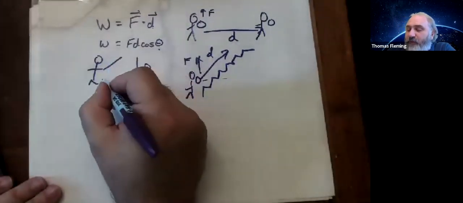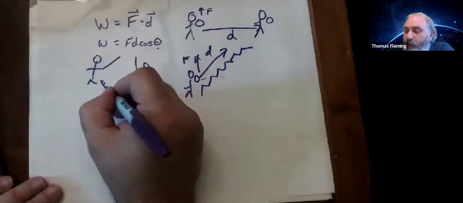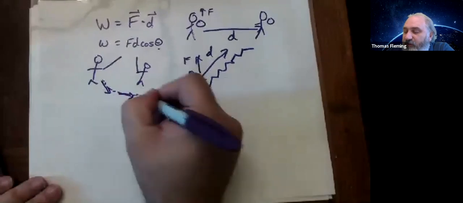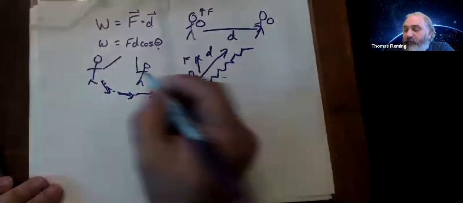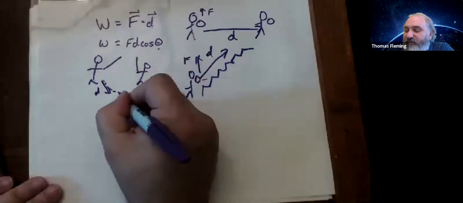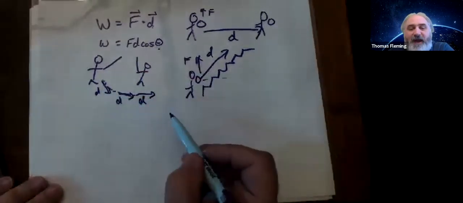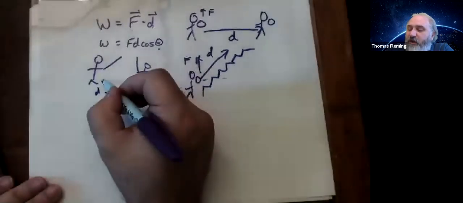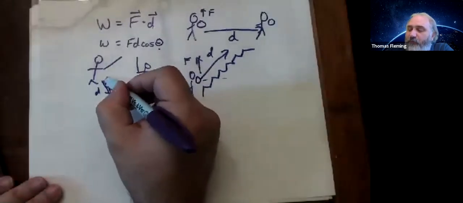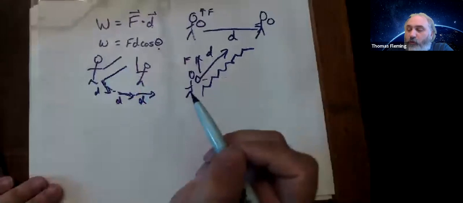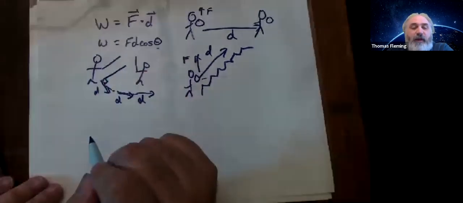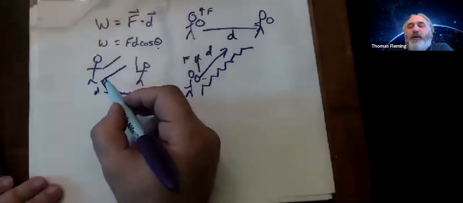Because he's traveling with a velocity that is always perpendicular at all points to that little dotted line, right? So I can think about D having different distances or different directions along the path. But when Spidey is here, he's traveling this direction, the web is pulling towards the center of the circle. That's a 90-degree angle. Right then, it's not doing any work.